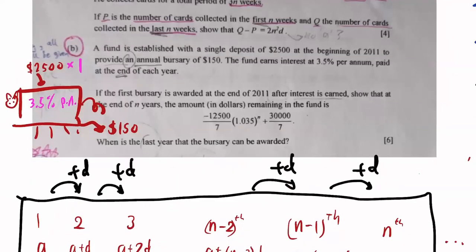Let's think a bit more precisely. Fund established beginning 2011, gave out end of each year. First year of giving out is 2011. N is referring to n of n years. If n is equal to 1, that will be the amount of money left after you give out on 2011. Is it? Or is it 2012?